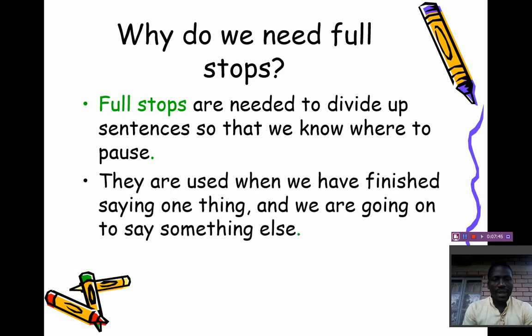Okay? They are used when we have finished saying one thing and we are going to say something else. When you're listing out some stuff, like you're raising some points, you have to speak and then you reach somewhere, you stop. You can't continue speaking as if you're flowing like water.